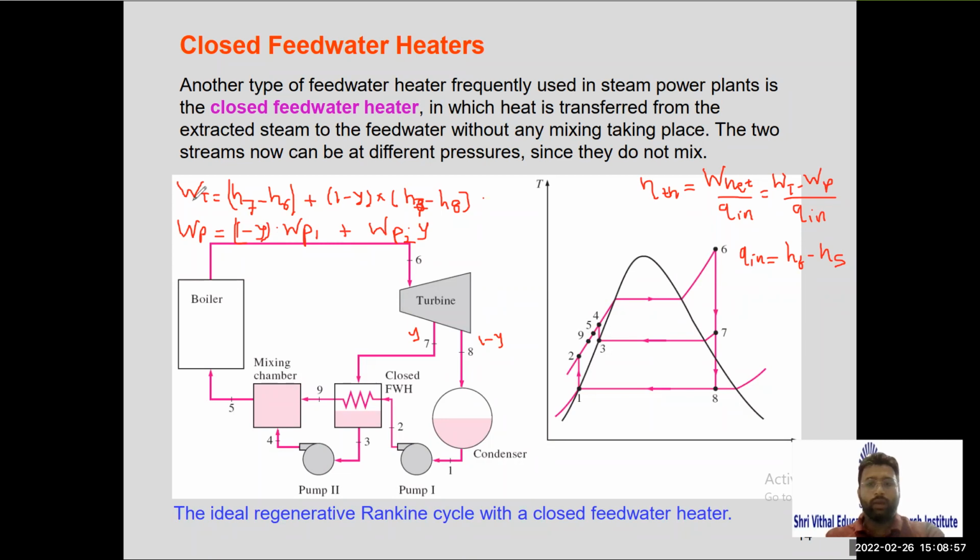Then you take the difference: total turbine work minus total pump work will be the net work, and divided by Q in, that will be your efficiency.